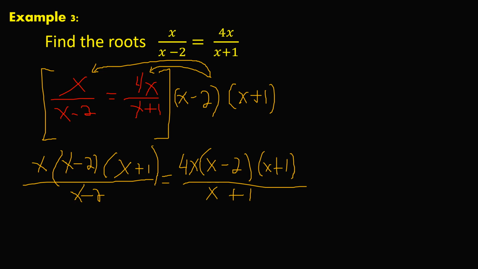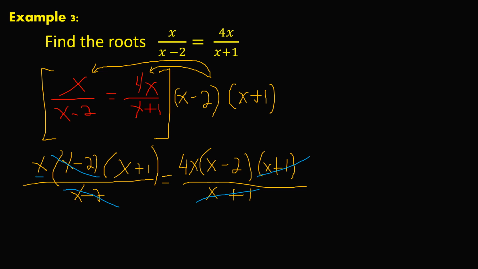So to simplify, we have to cancel the common factor found on the numerator and in the denominator. In this case, x minus 2 over x minus 2 will be cancelled. On the right side of the equation, x plus 1 over x plus 1 will also be cancelled. So the remaining factors will be multiplied.